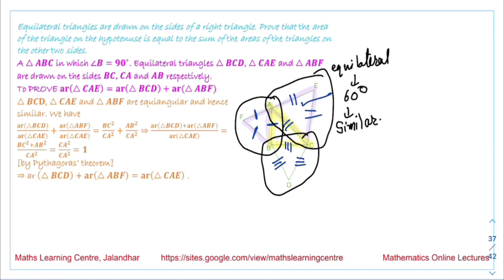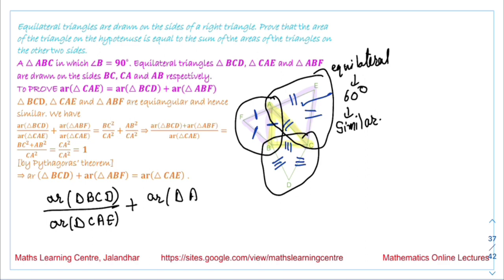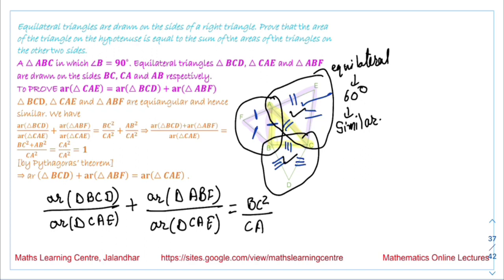Now as these triangles are similar to each other, we are talking about the area of triangle BCD over area of triangle CAE plus area of triangle ABF over area of triangle CAE, that is equal to, when we are talking about the area of the triangles BCD and CAE, BC square over CA square.